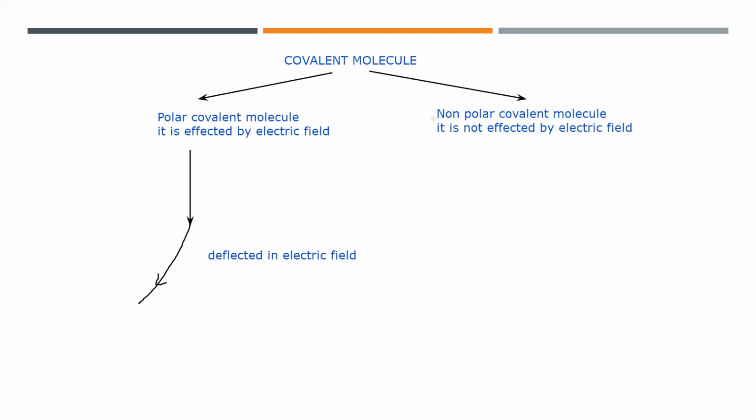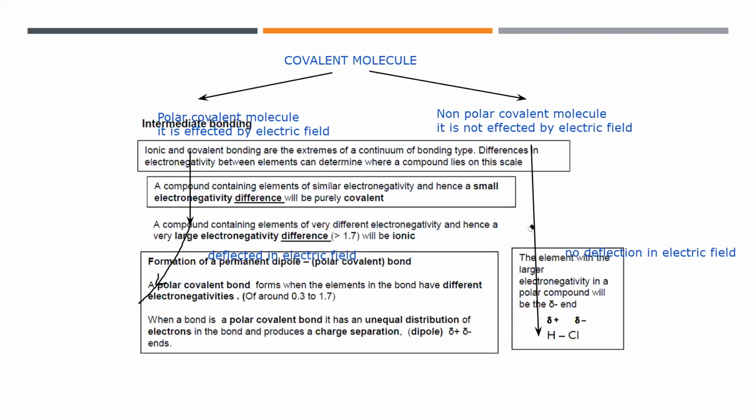This is a test to distinguish whether a molecule is polar or non-polar. If it is not deflected, it moves undeflected through the electric field. So if there is no deflection in electric field, we call that molecule a non-polar covalent molecule.